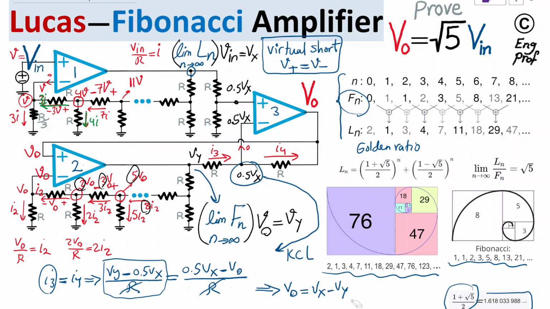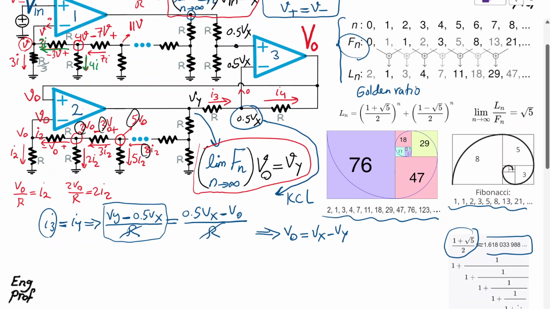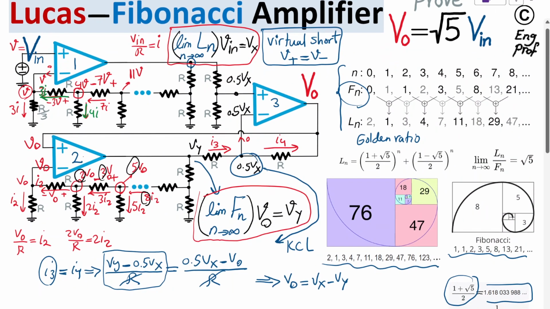But what is Vy? So Vx and Vy can be substituted using the formulas we found. So this one and also this one here. So what we get is this situation. Substituting using the formulas we have for, say, formula number 1 and number 2, and this is number 3.